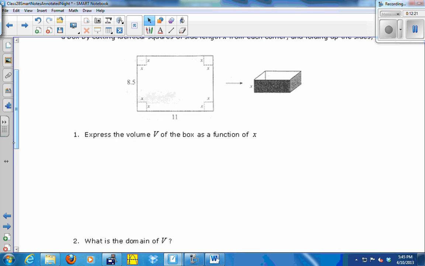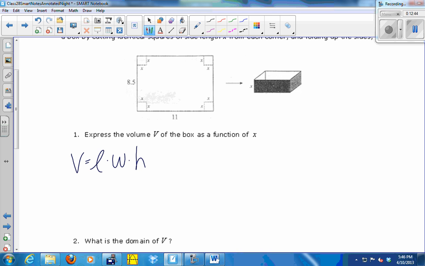So I want to first express the volume of the box as a function of x, and x is going to be the side length of the squares we cut out. Once I fold it up, in general, the volume of a box is length times width times height.